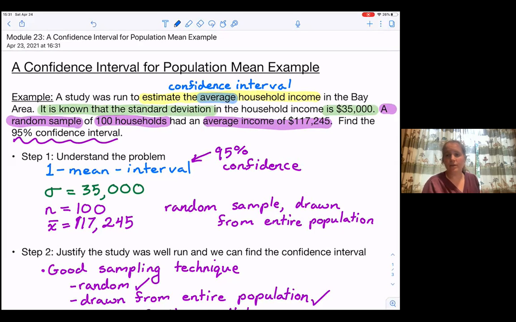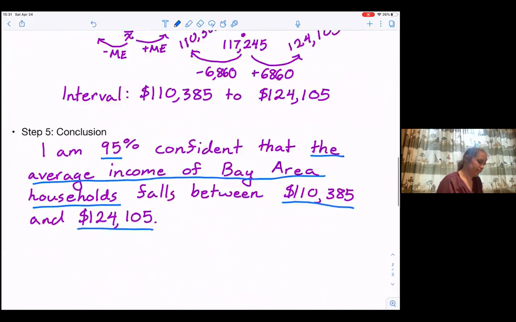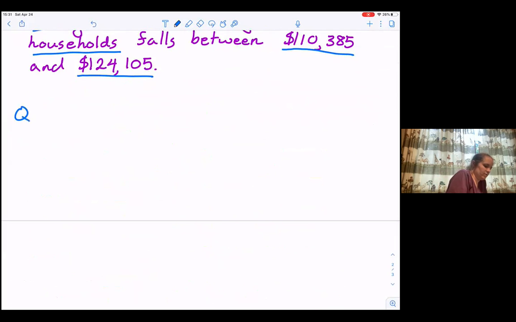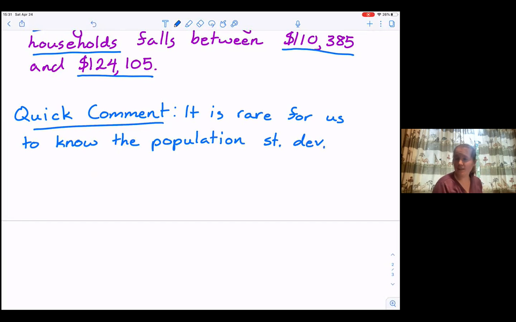Usually we are forced to work with a sample standard deviation. It is rare for us to know the population standard deviation. In actual studies, usually we only have the sample standard deviation.